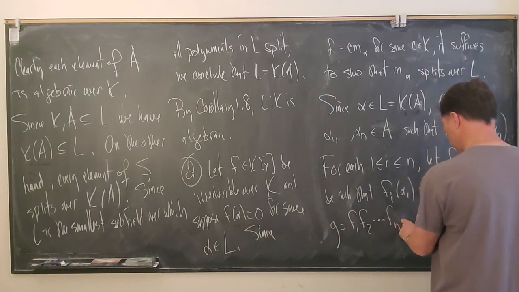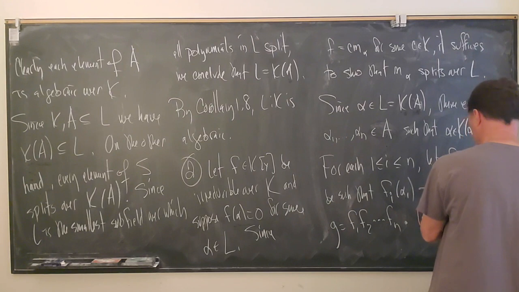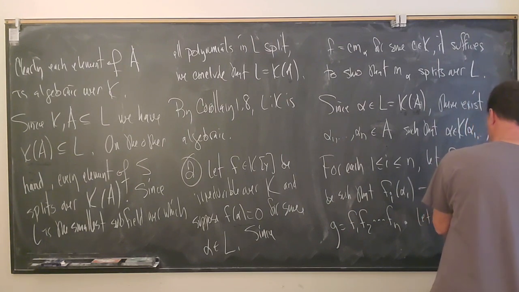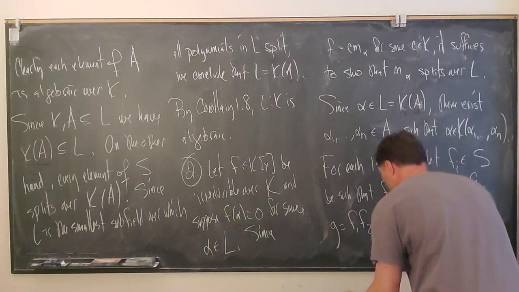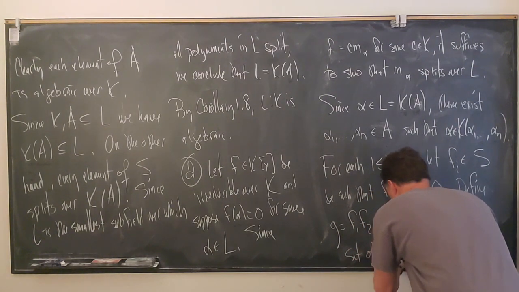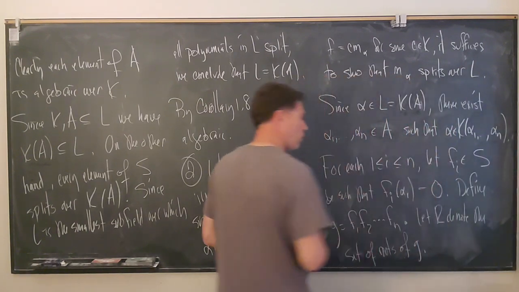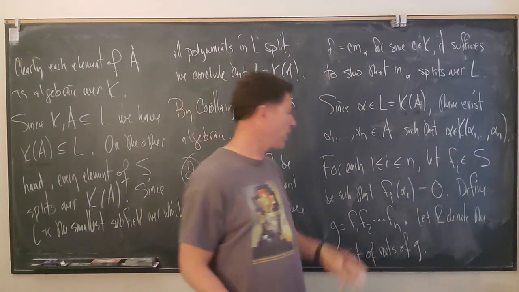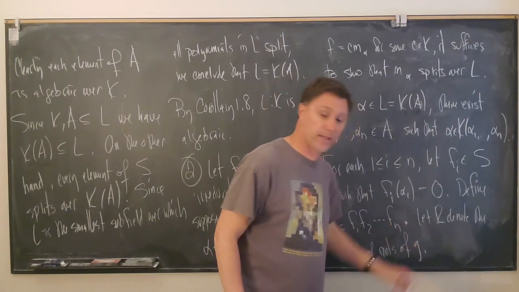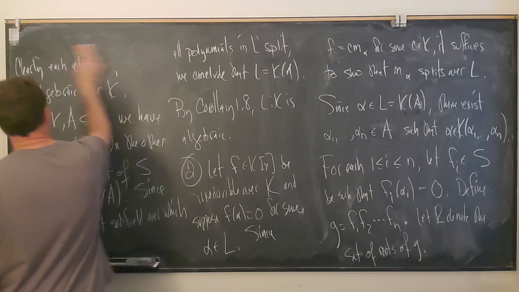And then let capital R denote the set of roots of capital G. So what do we have? We have all the roots of f1 combined with the roots of f2 and so on, all lumped into one set called capital R. Now, a few observations.